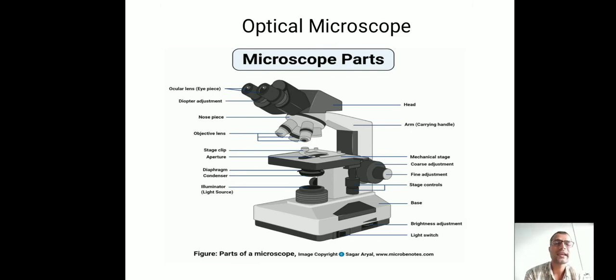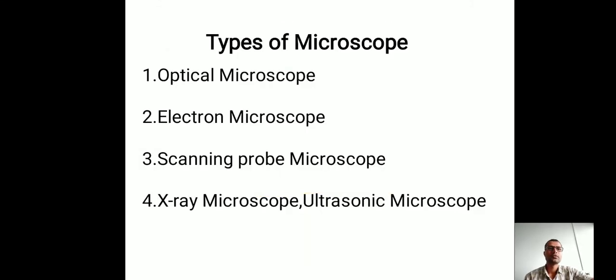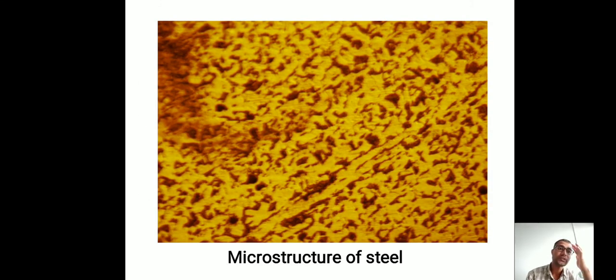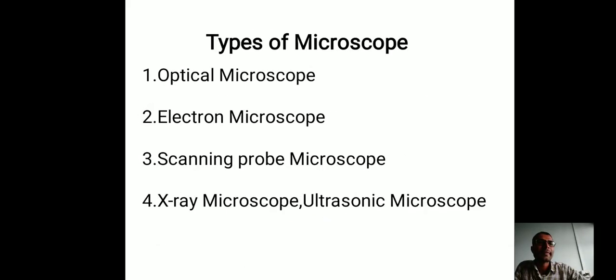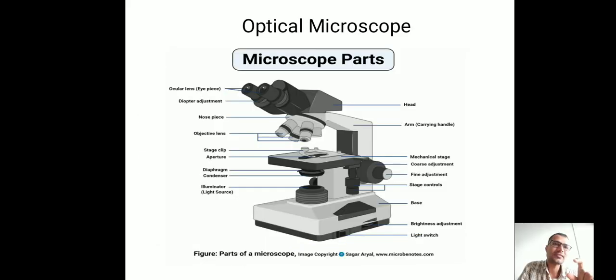How can we check the microstructure of the material under the optical microscope? Suppose you have to check the microstructure of steel, then what do you have to do? Take a sample of that steel material which is prepared by the sample preparation stages, put it on that mechanical stage, start the supply, select the proper objective or magnifying lens, suppose 25x.